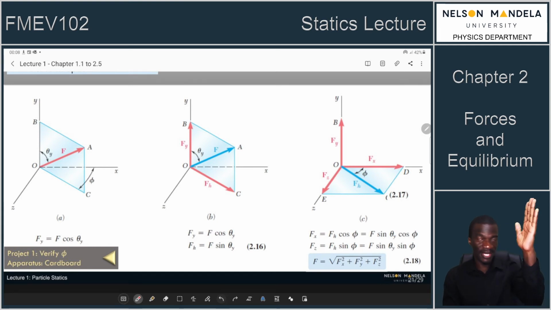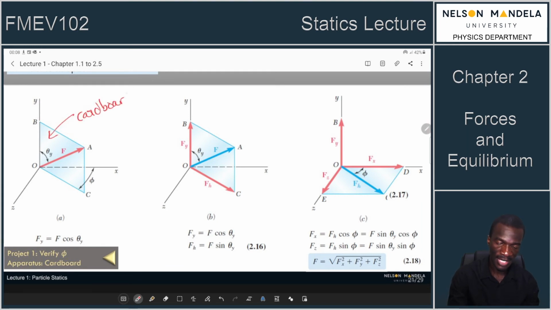So it is at some angle. All we want is to put a cardboard on that force. This is just a plane, just like cardboard. Now, this plane is where the force is lying.